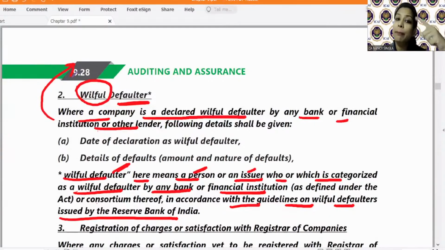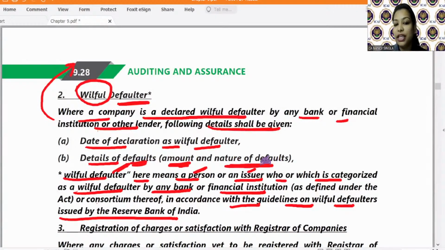The bank IDBI declared him as a willful defaulter. Then the following details shall be given by the company: the date of declaration as willful defaulter and the details of defaults, that is, the amounts and the nature of defaults.